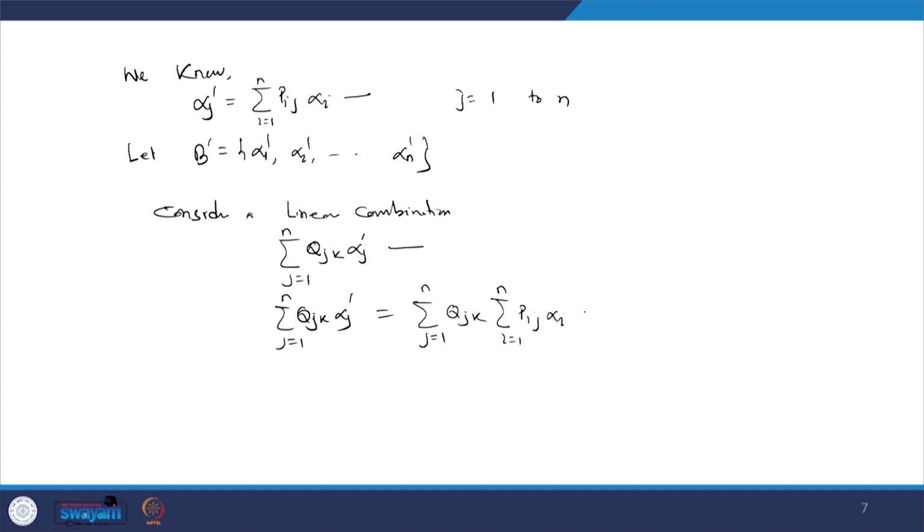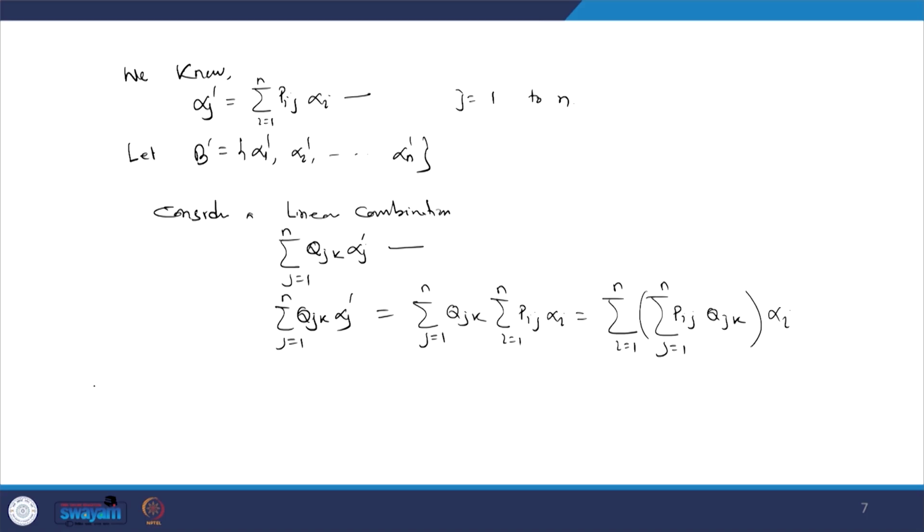So, this is equal to, I can write down, sigma i equal to 1 to n, sigma j equal to 1 to n p i j q j k, this alpha i.